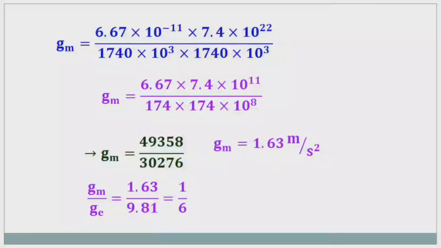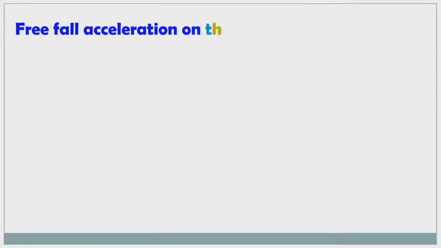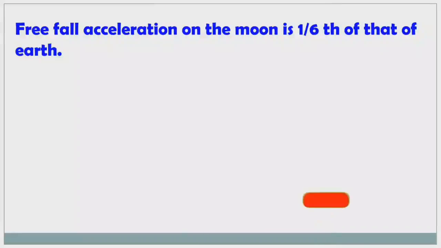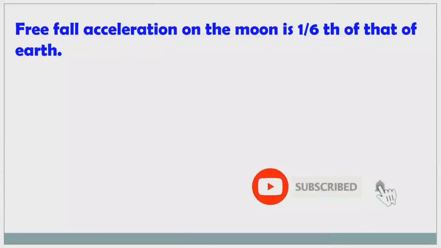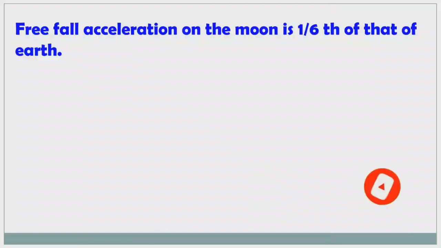Gm is equal to 1 by 6 Ge. So what we can say? Free fall acceleration on the moon is 1 by 6th of that of the earth.